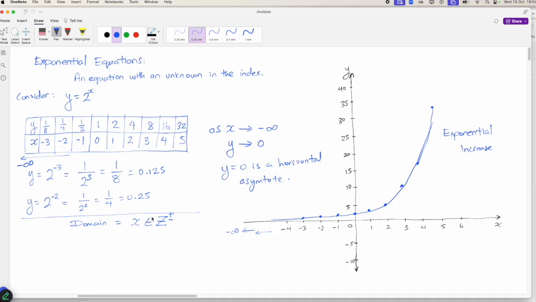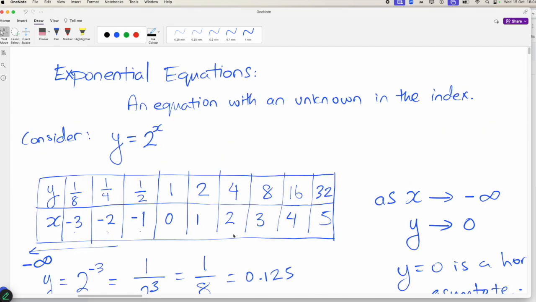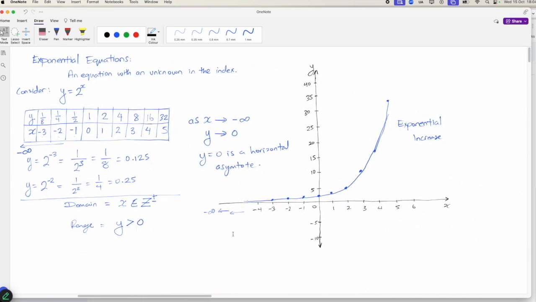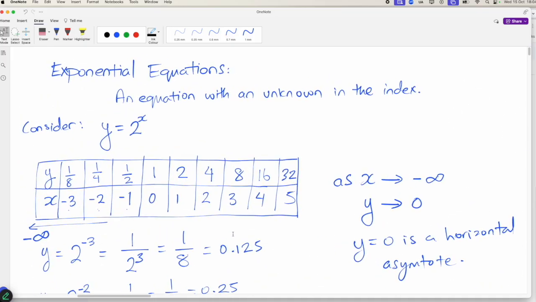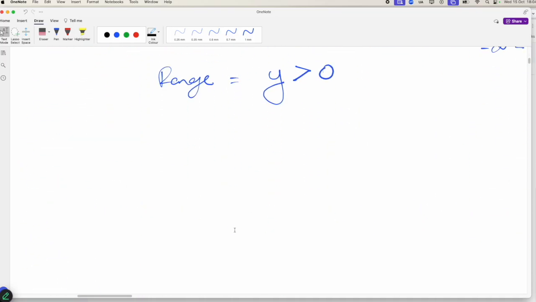So x is an element of integers is the domain here, but the range is y will be greater than 0, not even equal to 0. y is anything greater than 0. y less than 0 does not exist. So this is the graph of the exponent. In the next class, we'll be talking about the logarithmic graph, which is actually the inverse of that.